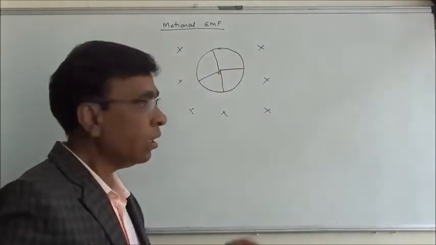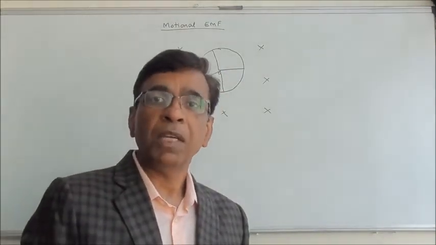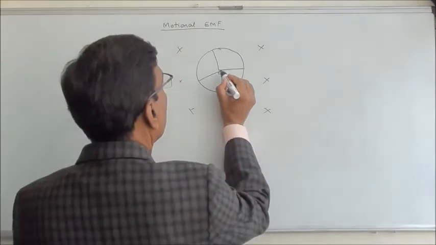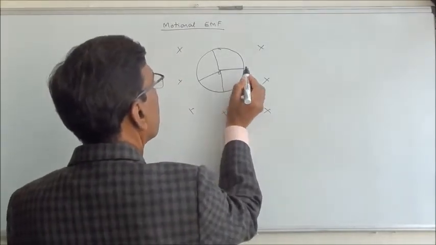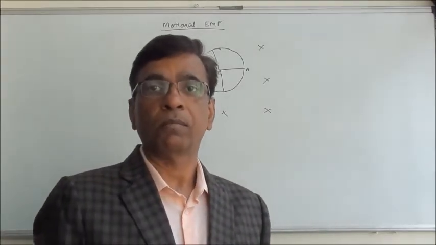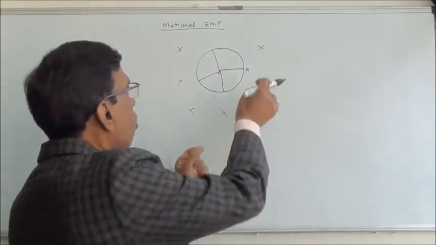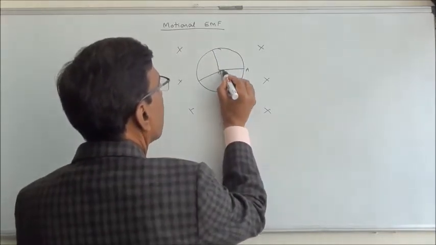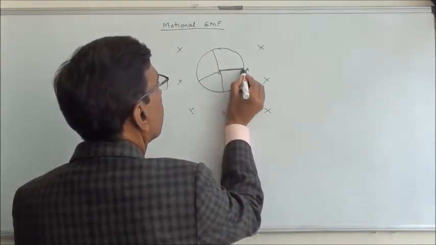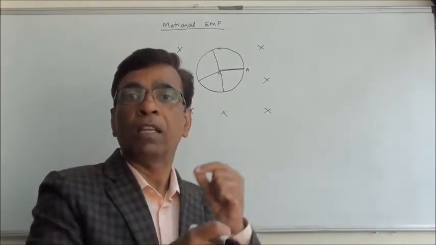We have a wheel and I have made 4 spokes in it. And many times we are asked to calculate the potential difference between the point O and A, that is the point on the rim and the axle. Now how do we calculate when this is a conducting rod actually moving in a magnetic field.